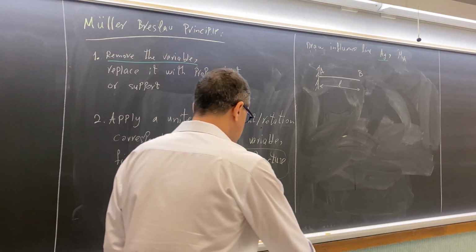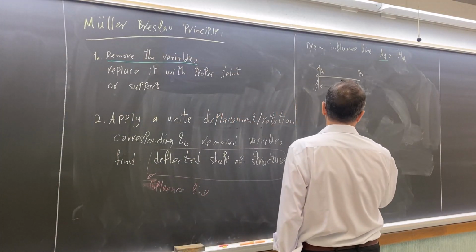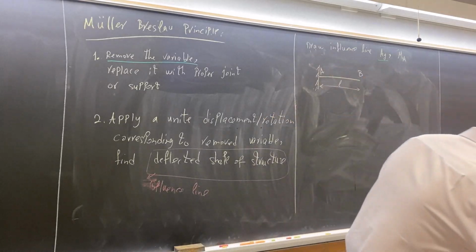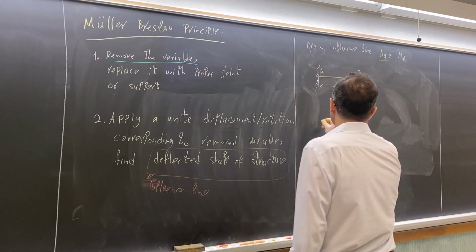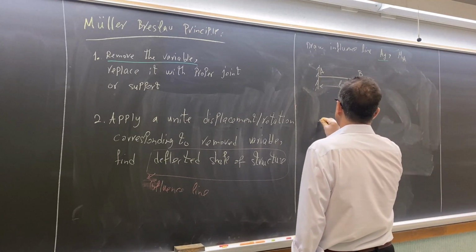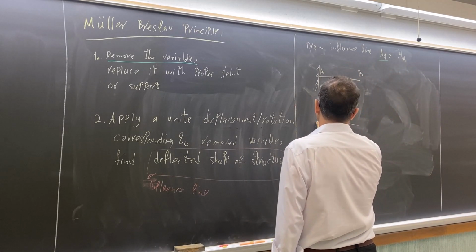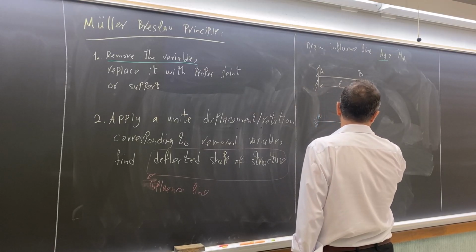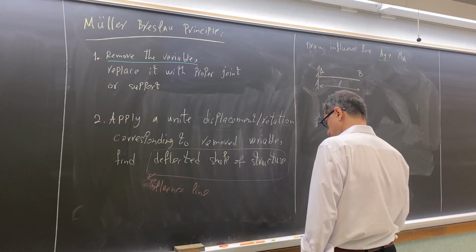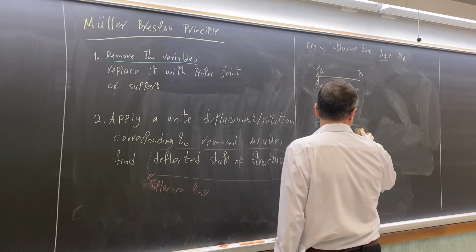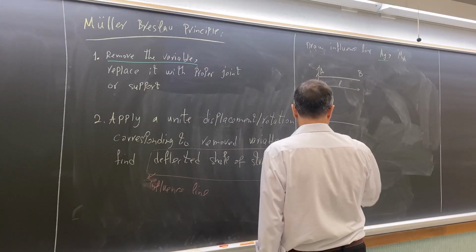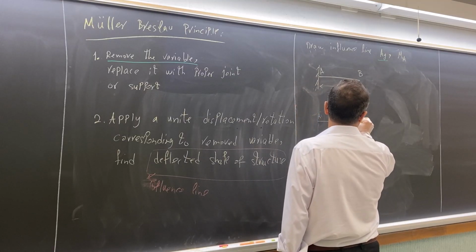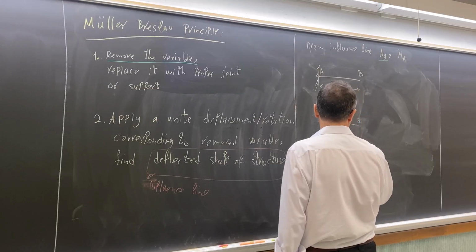First step, I just want to show you the variable. This is the beam from A to B. Point B is originally free.